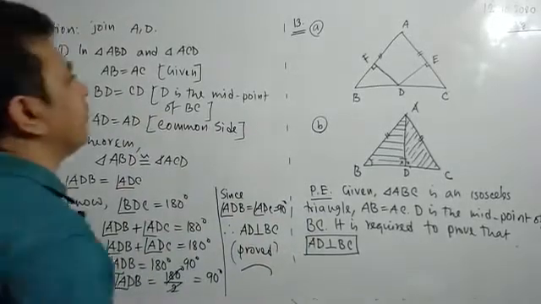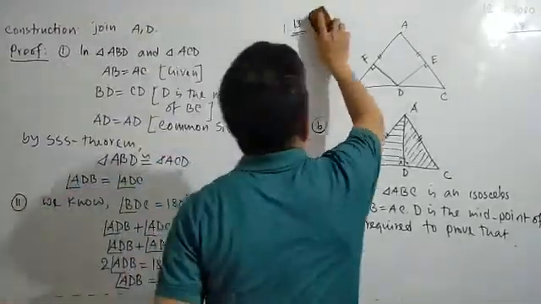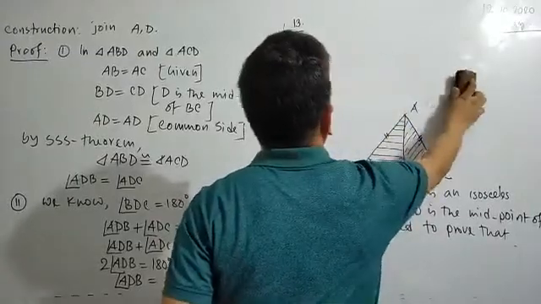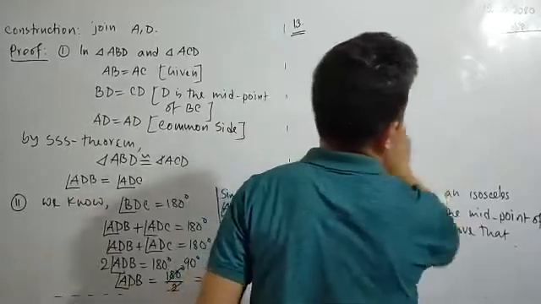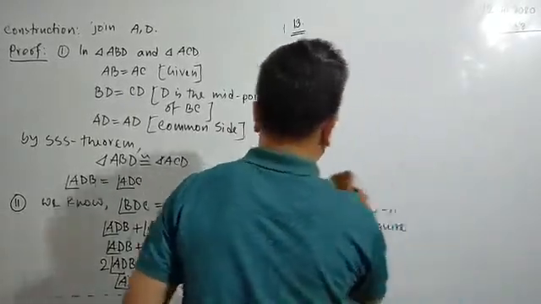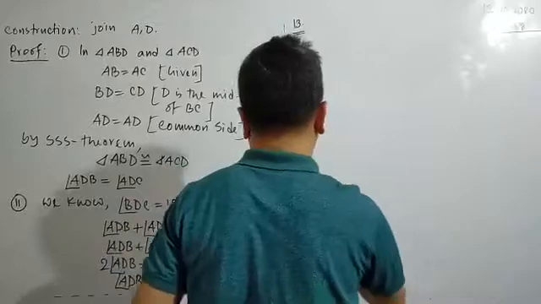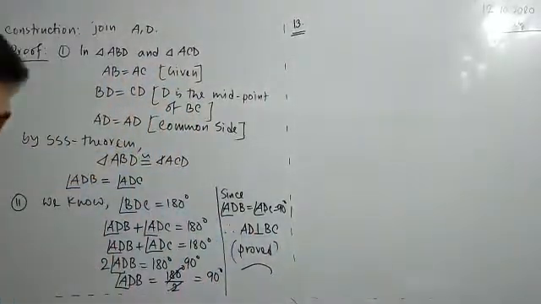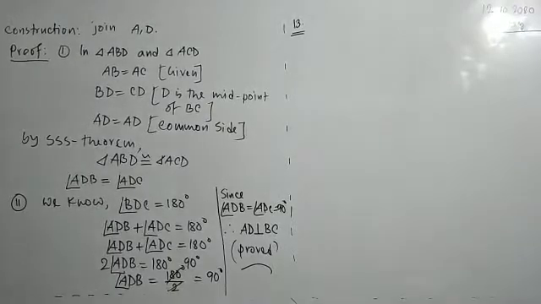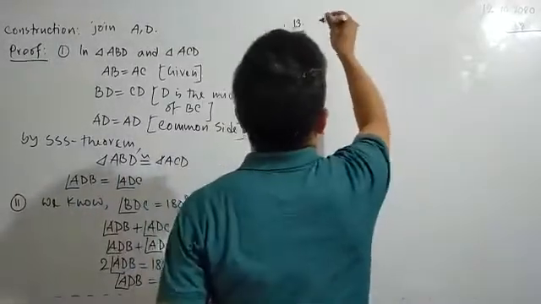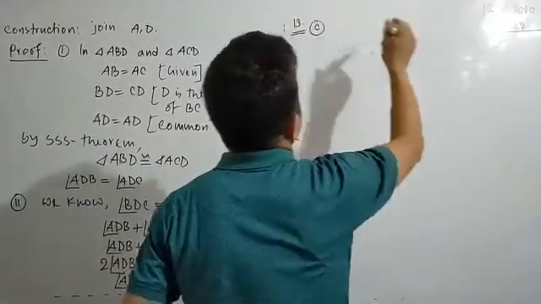Okay, so let's do number C. Number C, what is it? Prove that DE equals DF. So we have to use the first picture that we have drawn.